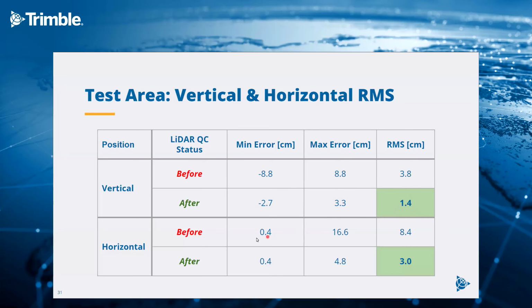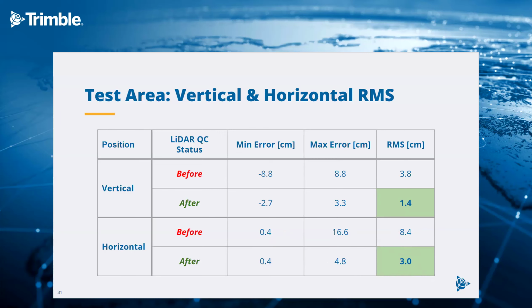For the horizontal component, we used 13 points, and before the LiDAR QC adjustment, our min error was about 4 millimeters, and the maximum was even 17 centimeters, resulting in an RMS of 8.4 centimeters. After LiDAR QC, the max error came down to close to 5 centimeters, resulting in an RMS value of 3 centimeters.